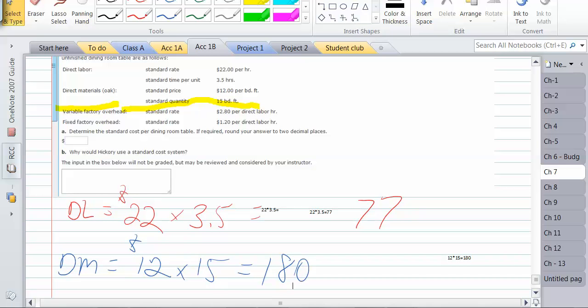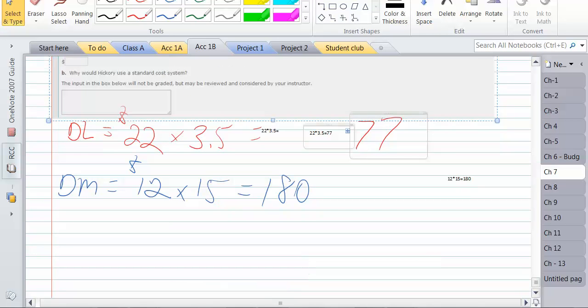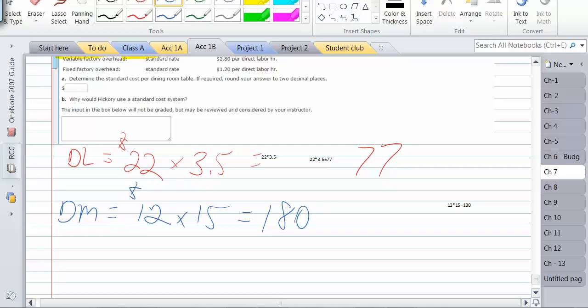And our factory overhead standard rate is $2.80 per direct labor hour. So that was our variable factory overhead, $2.80 times 3.5.